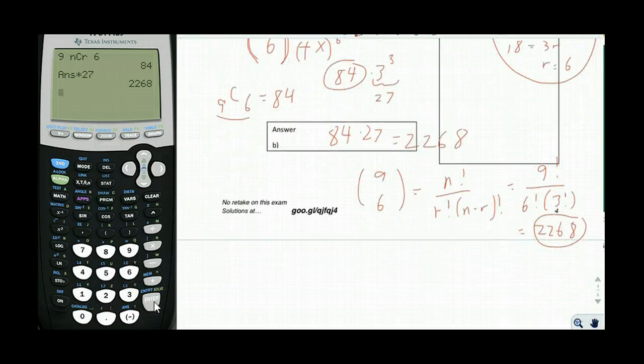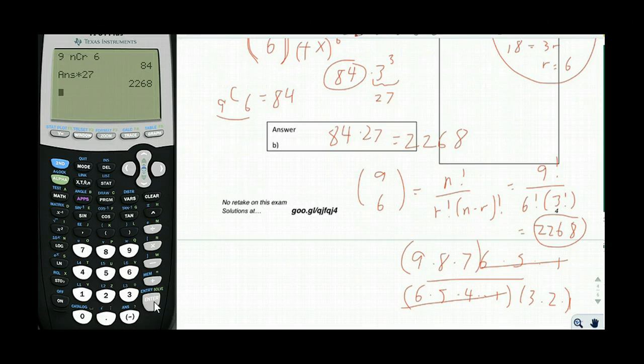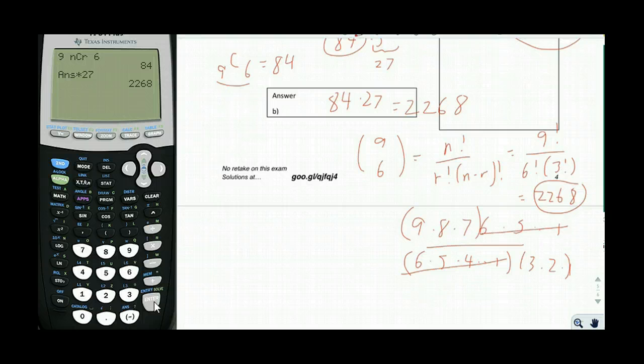You can find that by going, hey, it's 9 times 8 times 7 times 6 times 5, and so on to 1, over 6 times 5 times 4 and so on to 1, and then times 3 times 2 times 1. And so you can see that this part cancels out with this part. You're left with 9 times 8 times 7 on top, 3 times 2 on the bottom, and then you can multiply that out.